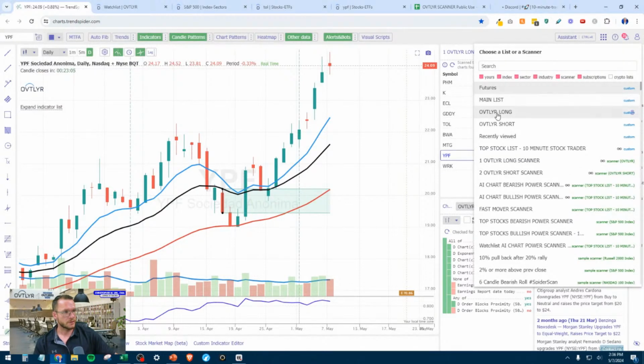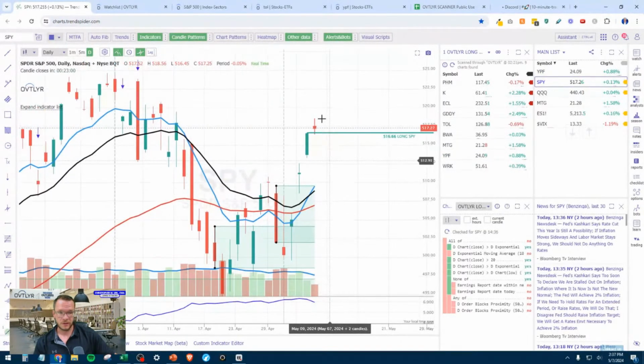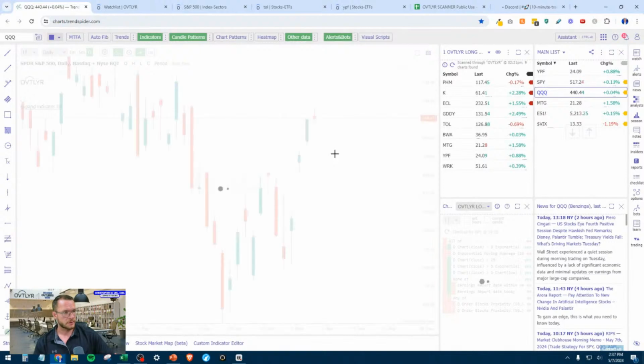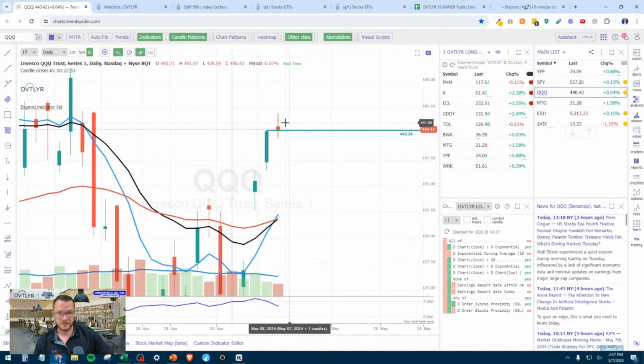And then, oh, you know what? We can go back to SPY and QQQ and look at that real quick. That'll work. And QQQ is just a bit over. So, you know what? I'm going to do it. I'm going to take both of those.